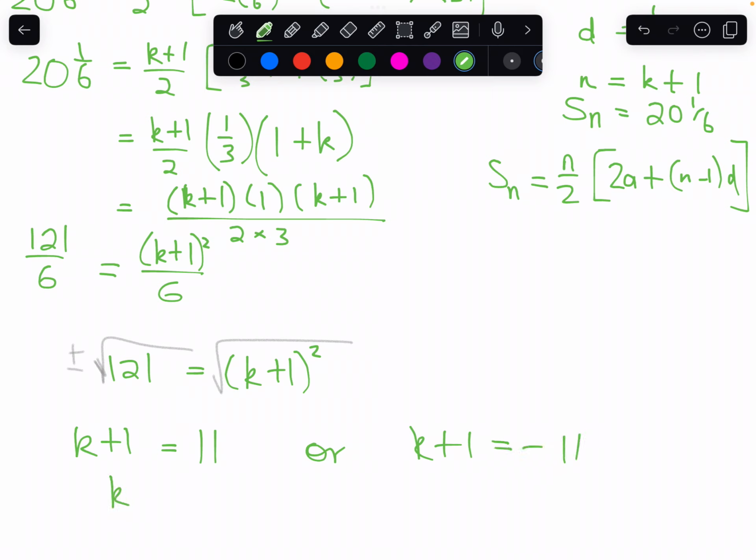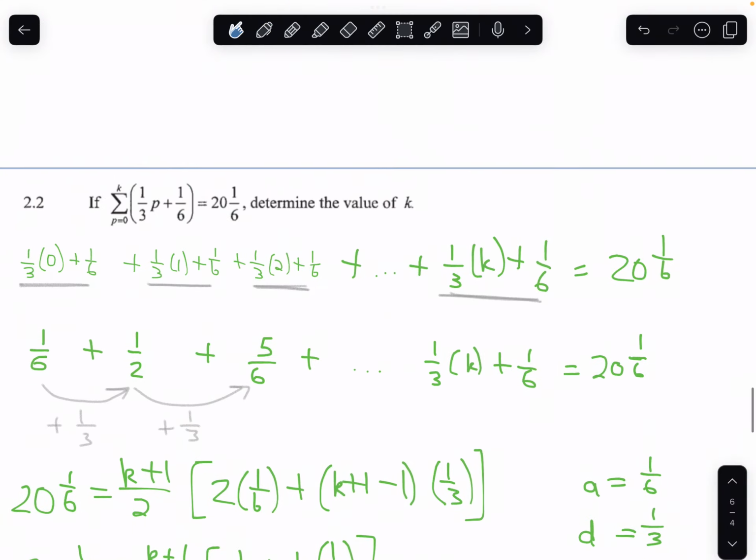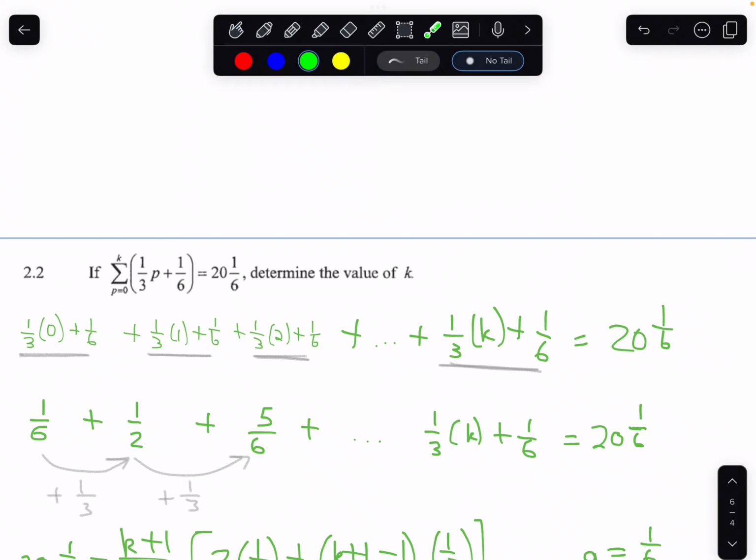So k is either equal to 10 or k is equal to negative 12. But what is k? K is, first of all, greater than 0, because we don't use sigma to count backwards, we only count upwards. But secondly, k plus 1 represents the number of terms in the series, so that can't be a negative number.